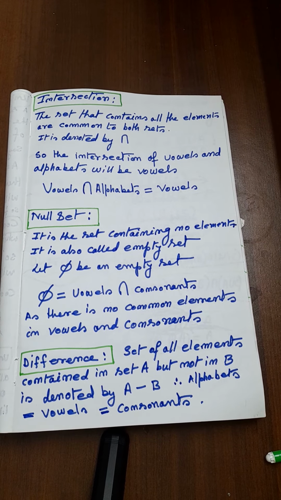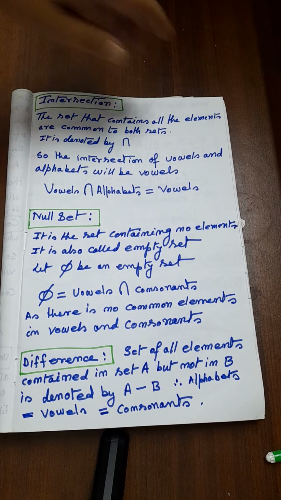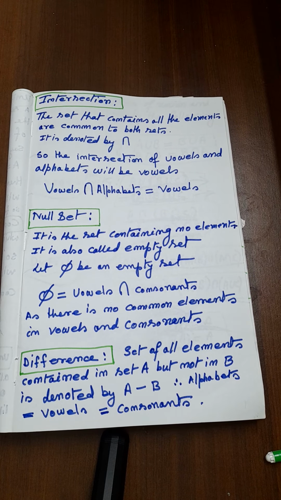Now, what is intersection? The set that contains all the elements common to both sets.